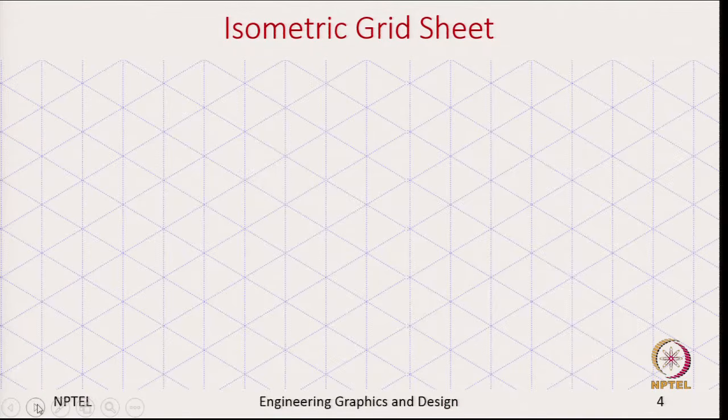Okay. So, here is a grid sheet which helps us to develop isometric views. If you notice this grid sheet, it has lines in three different directions. One is the vertical direction, one is along these inclined directions, and there is a second inclined direction.